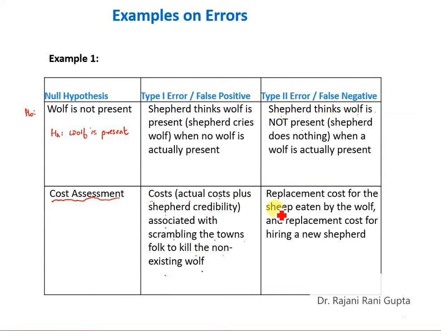Whereas when type 2 error occurs, the wolf is actually there and nobody is there to protect them. The losses are the replacement cost for the sheep eaten by the wolf, and the cost of hiring a new shepherd because he is not doing his work properly. So these are type 1 and type 2 errors for this hypothesis.